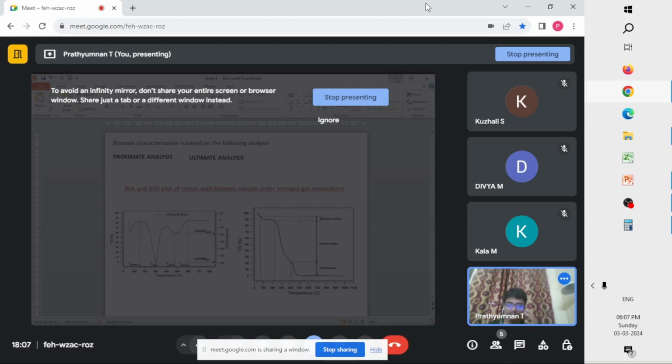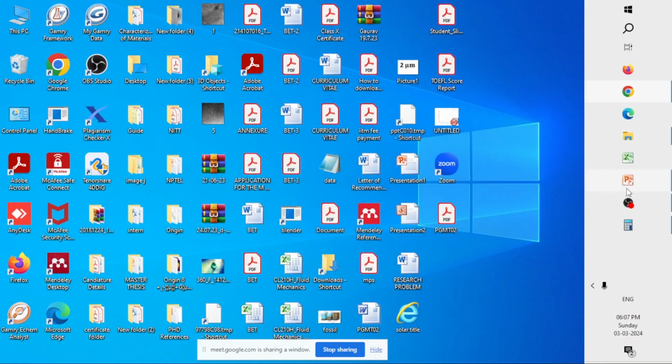So TGA is nothing but thermogravimetric analysis. This is a characterization technique where we understand how the material degrades under different thermal environments.